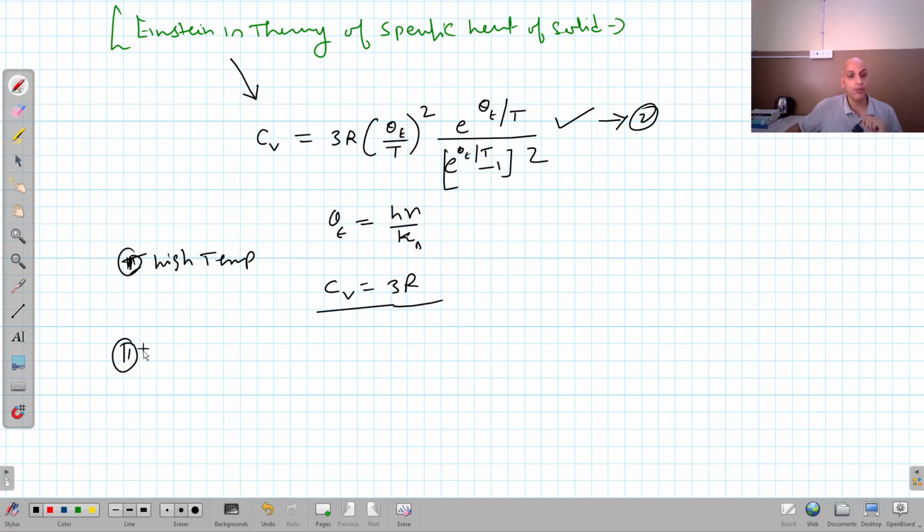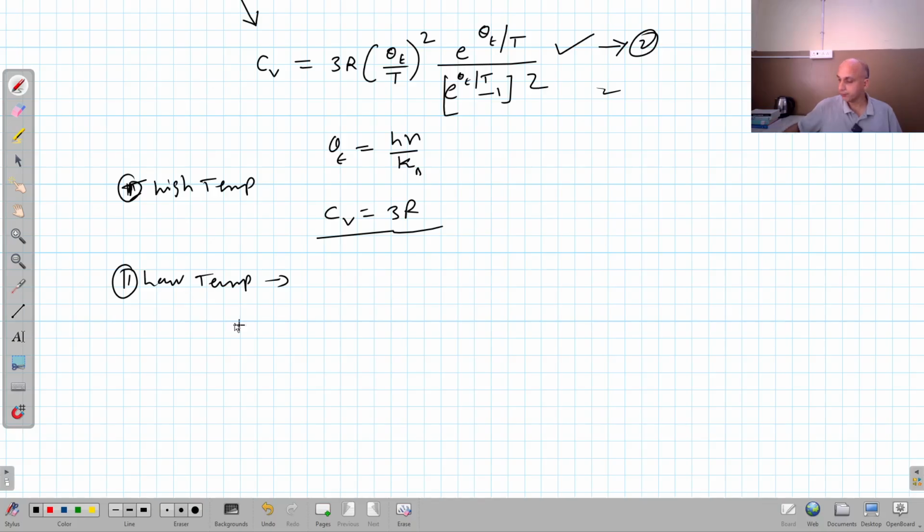So case number 2, low temperature. When we apply the condition of low temperature in equation number 2, we find that at very, very low temperature, Cv, the specific heat of the solid, is equal to 3R into (theta E upon T) whole square, e raised to power minus theta E upon T. So we got this relation.